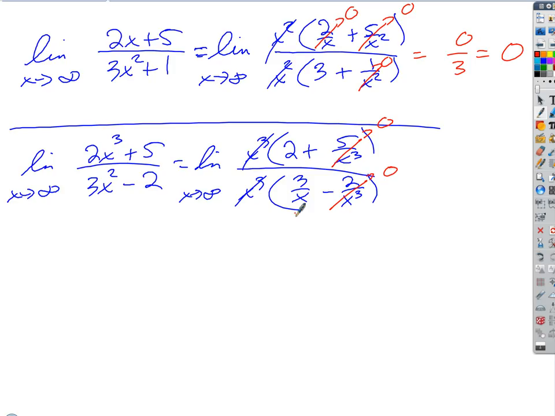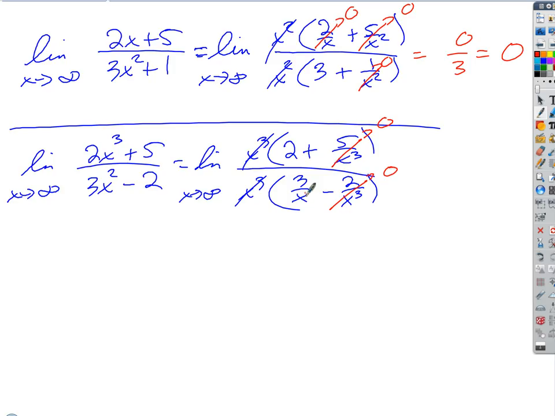And so, if it's 0... Someone asks how it could be 3 over 2, like if x equals 2. But it doesn't. x is approaching infinity, right? So this looks like 0, right?